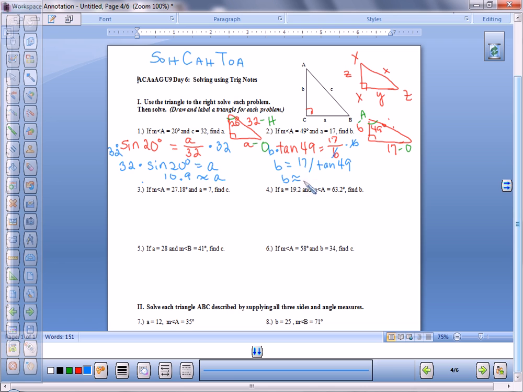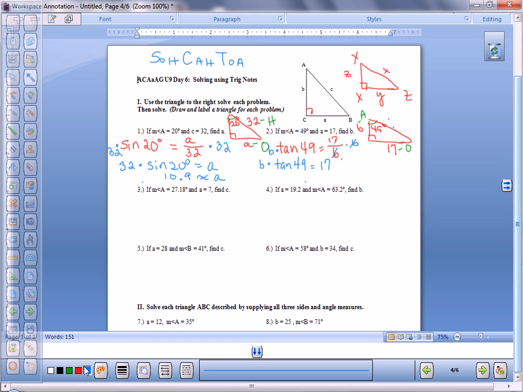Hold on, I just lost myself. When we divided by tangent of 49 equals 17. When we divided by B, how did they just flip flop? No, we multiplied. All right. So let me show every step. So this turned into B times tangent of 49 is equal to 17. Does everybody understand that? Yes.